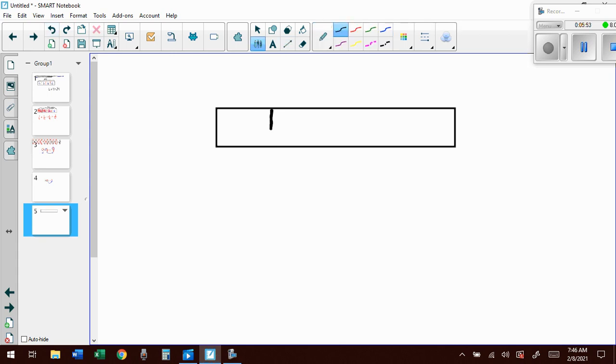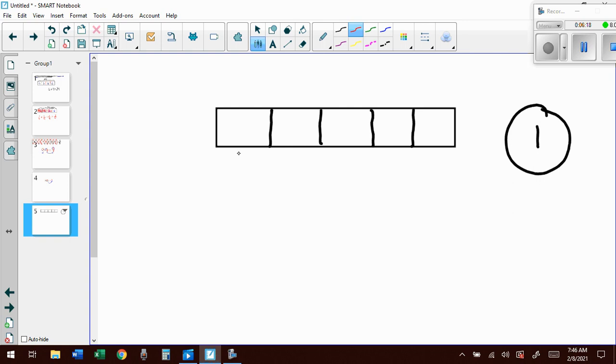We're going to partition this into fifths, trying to get as equal as we can. And we're going to look at this in a number bond way. So this equals 1 whole.